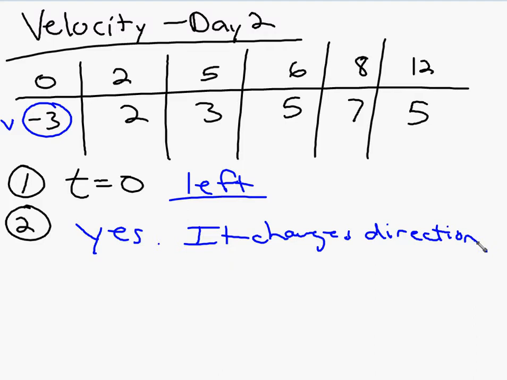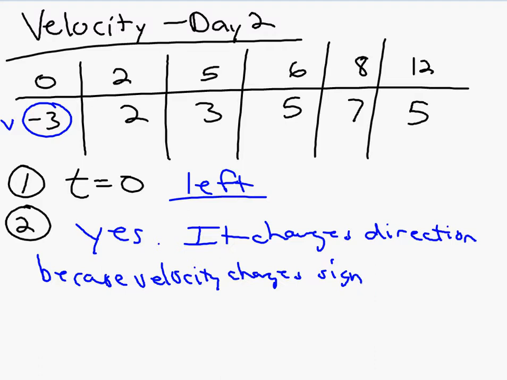How do I know that it changes direction? The signs change. Because the sign of the velocity changes. All right? It changes direction because velocity changes sign.